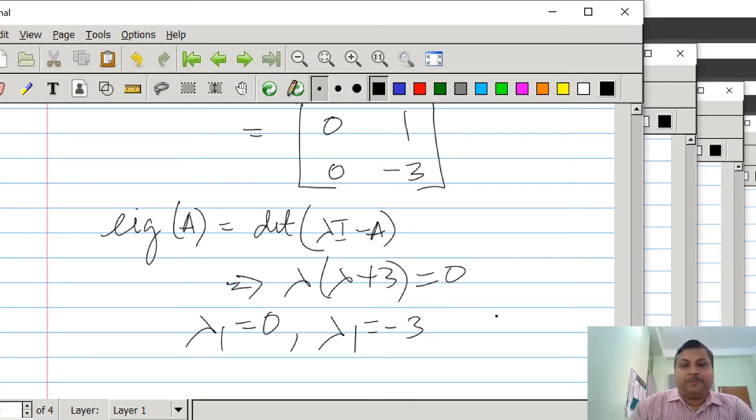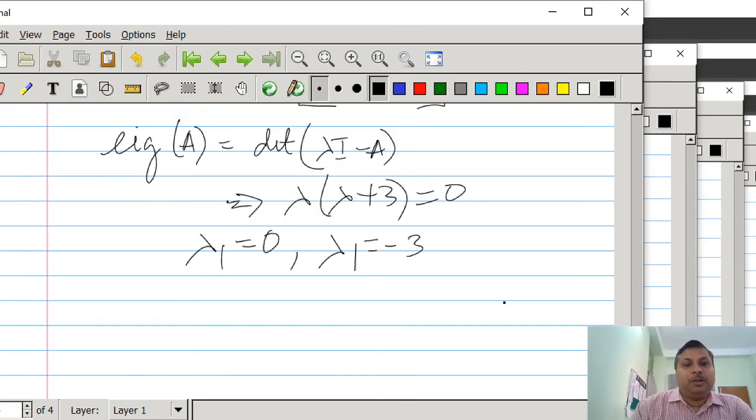But according to the first method, all the eigenvalues of the A matrix must have negative real part, then only we can say the asymptotic stability of the nonlinear system about that equilibrium point. But here we are finding that one of the eigenvalues is 0.